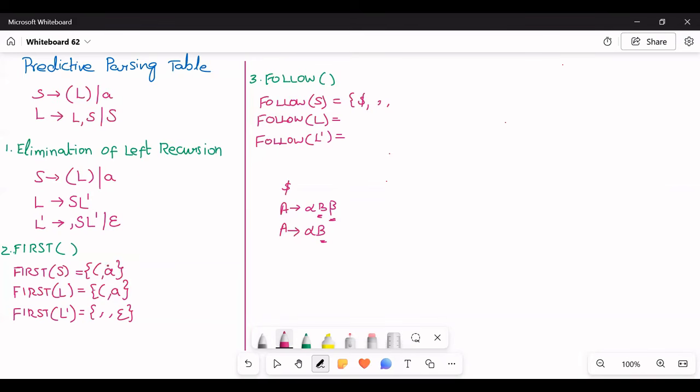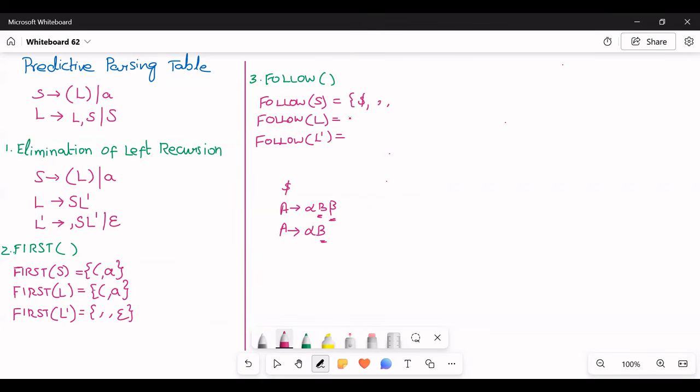Suppose we have epsilon in the first of any symbol, then we need to find follow of the left hand side symbol. So we are finding follow of S. First we have added dollar as per the first rule. Then first of L dash, since S is followed by L dash, first of L dash is comma and epsilon.